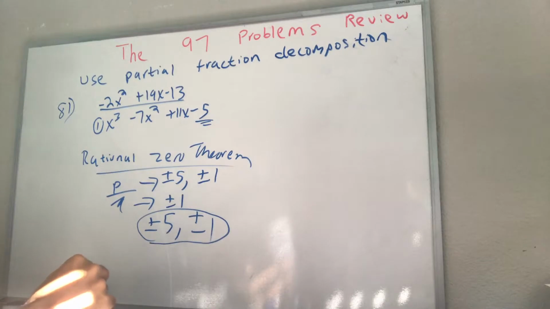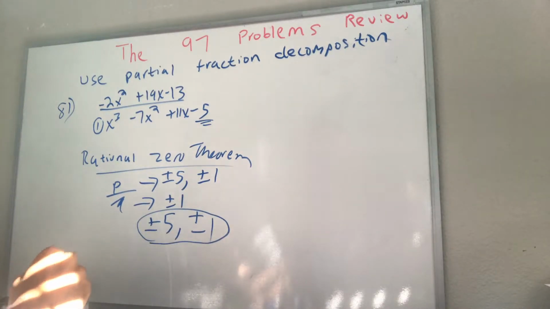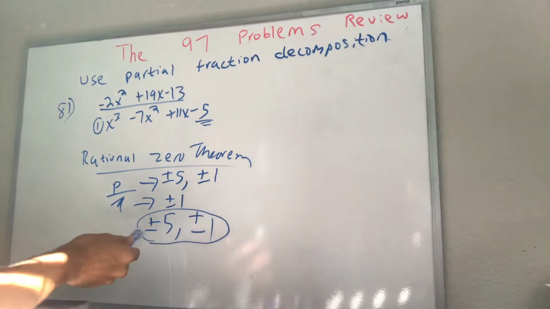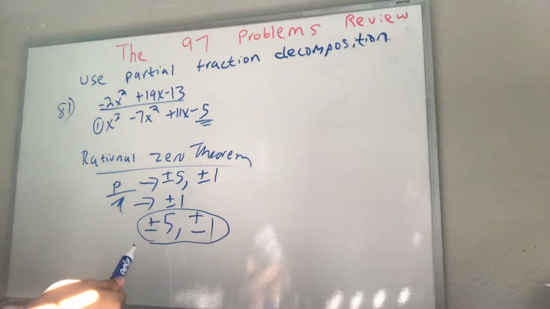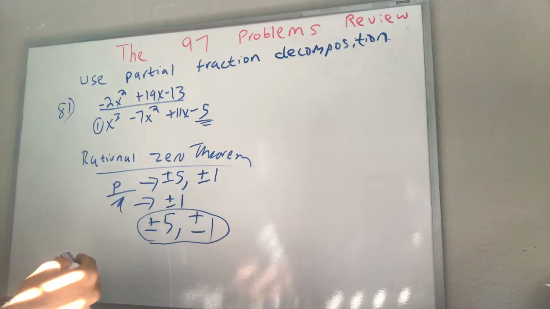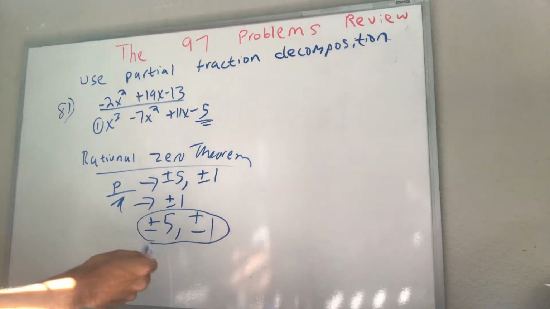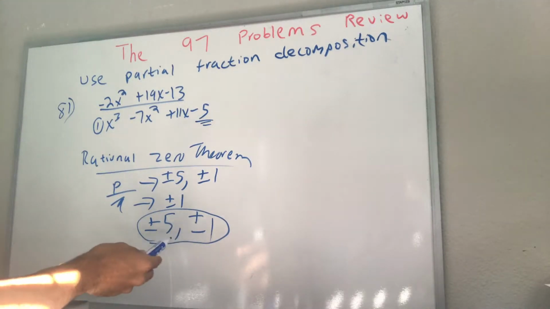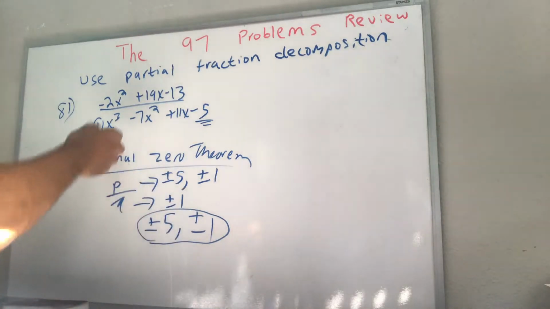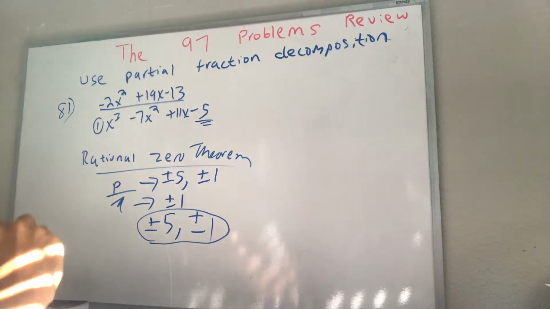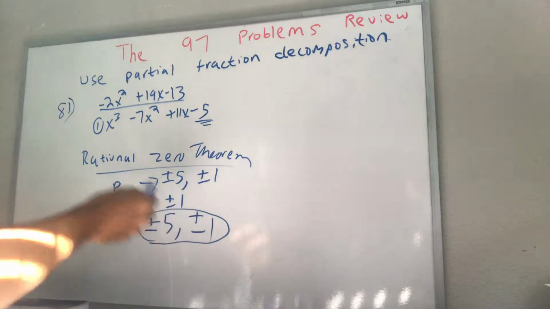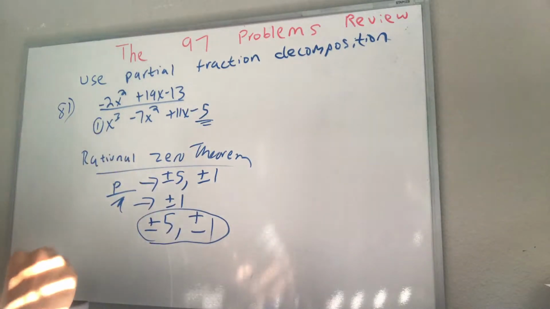And obviously we can then use synthetic division to actually see if 5 is a solution or if negative 5 is a solution. But what I prefer doing at first is to just take any value, because we only have 4 values that we're looking at, and plug that into this polynomial. So if we plug 1 in or 5 in and we get a remainder of 0, well, then that's a good sign.